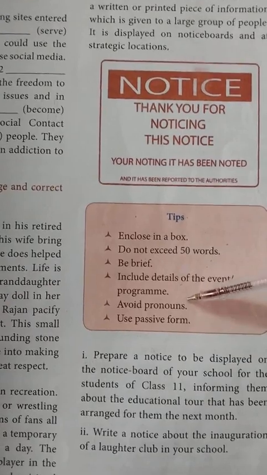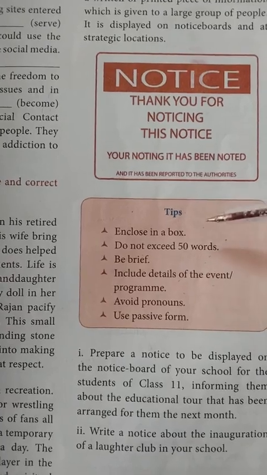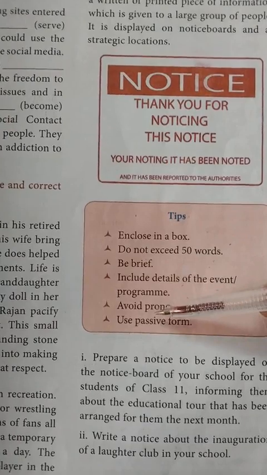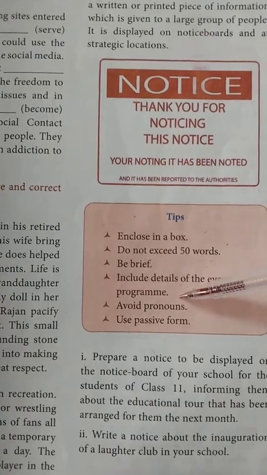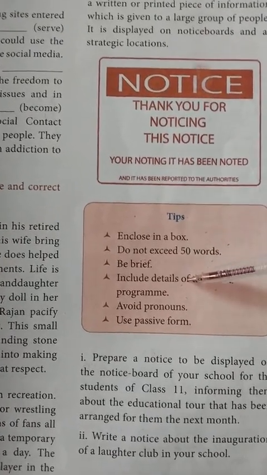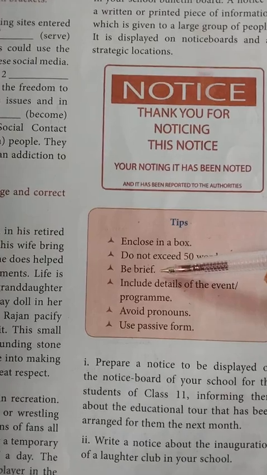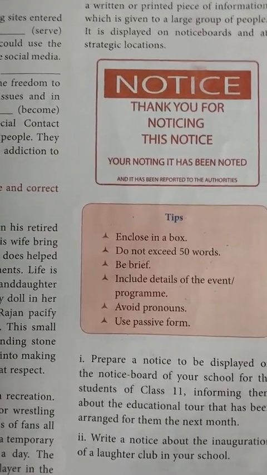It is informed. It should not be like I am informing you. Then how it has to be? It is informed. So a notice should be in passive form. So avoid pronouns, include details of the event, when, where, who is the chief guest. Then it should be short, should not exceed 50 words, and be enclosed in a box.